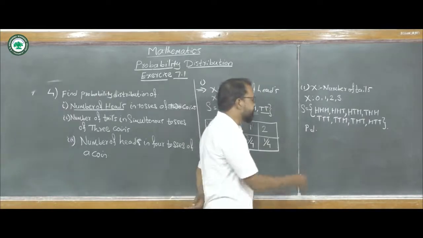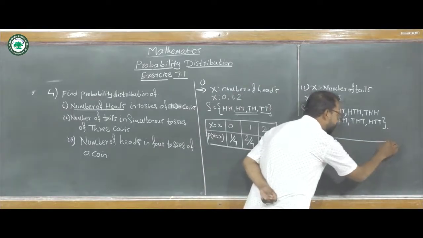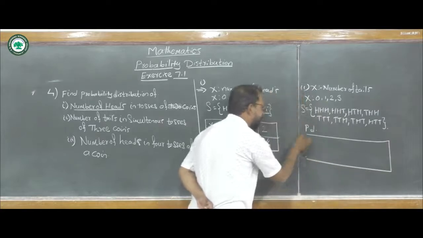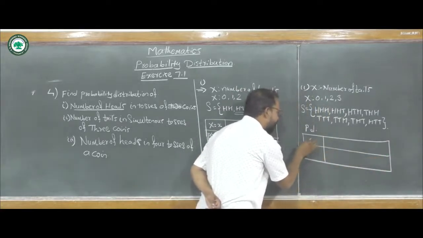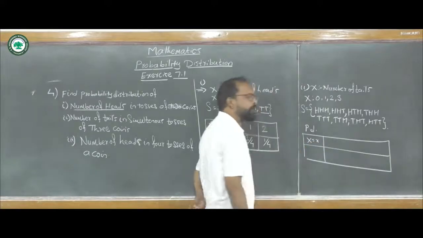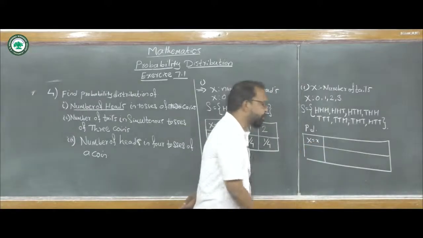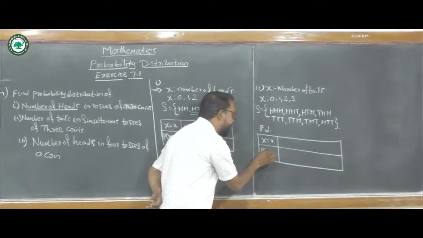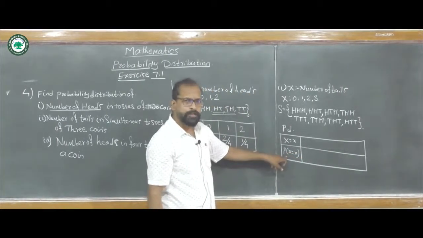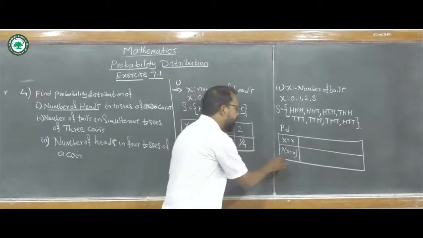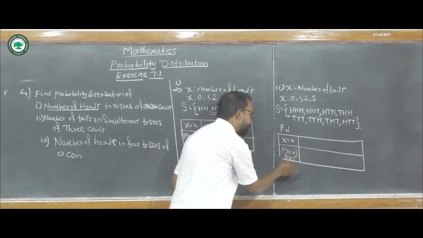To write the probability distribution, again we draw a table which shows the values of random variable X and its corresponding probabilities, that is the probability that X equals x, or here you can write only p of x also.